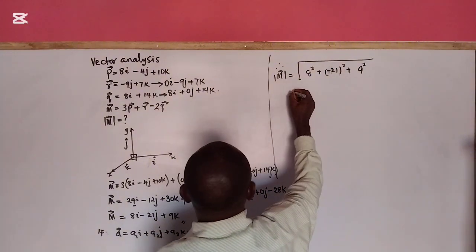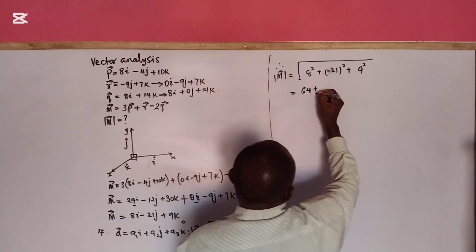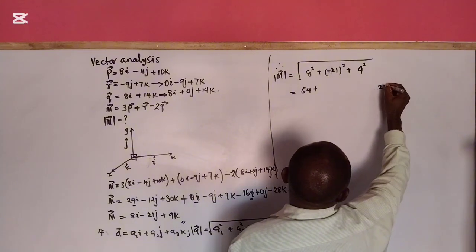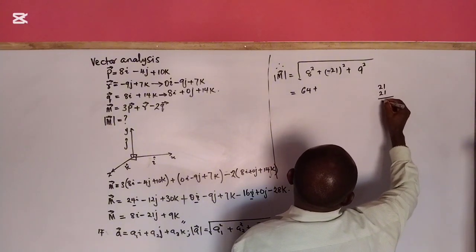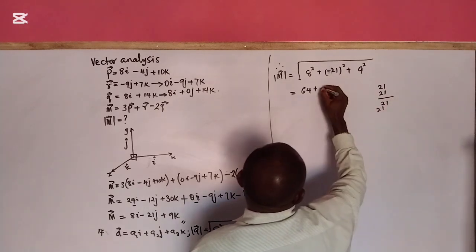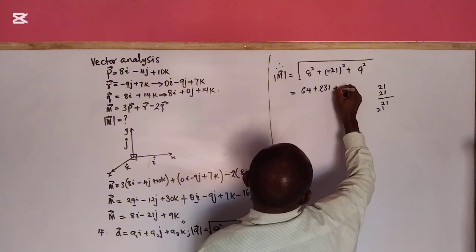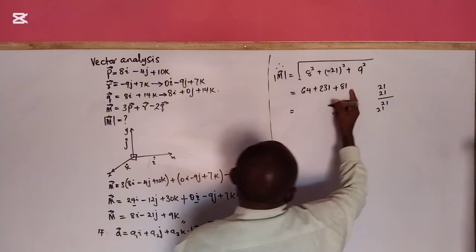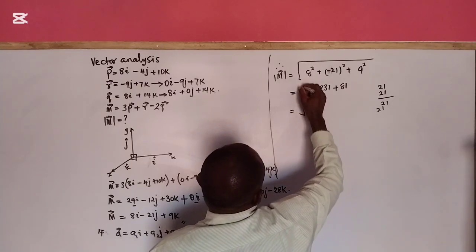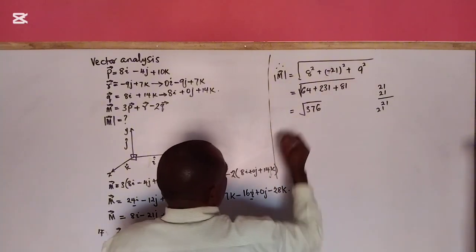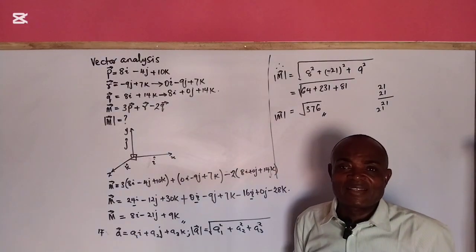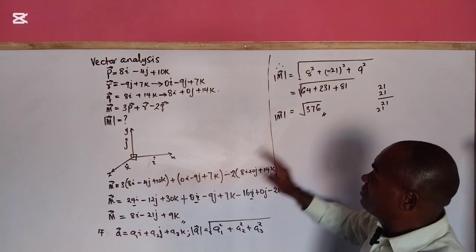So it will be 64 plus, if you multiply 21 by itself, that's going to be 441, plus 81. If we add this together, we're going to have 586 under the square root. I hope you're learning something. So that's how to determine the modulus of a particular vector.